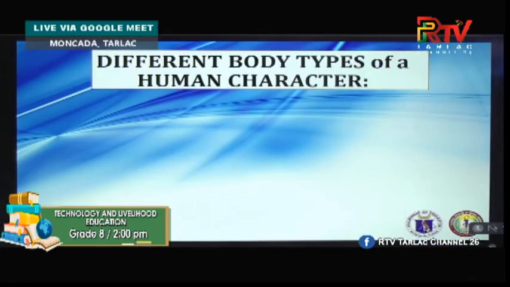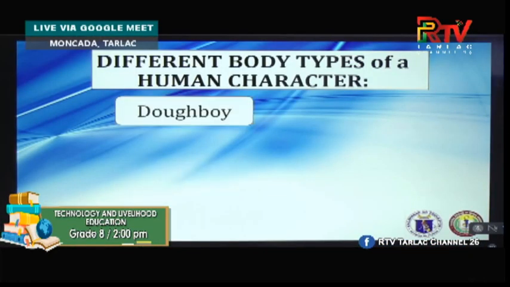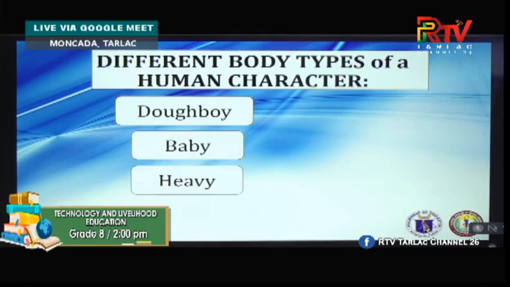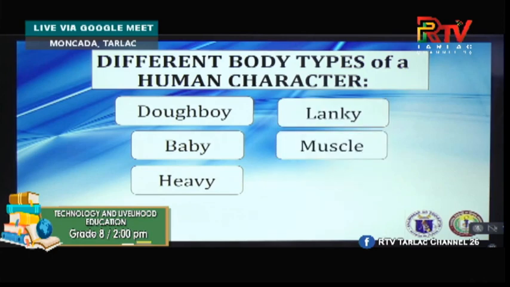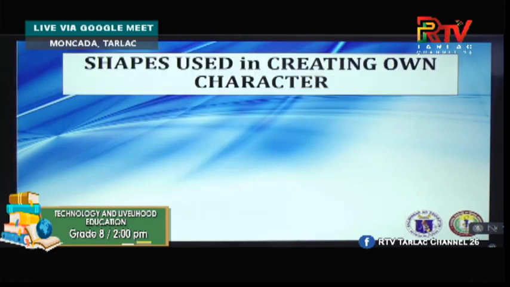The different body types of a human character are the following. We have doughboy, baby, heavy, lanky, muscle, hero, and heroine.